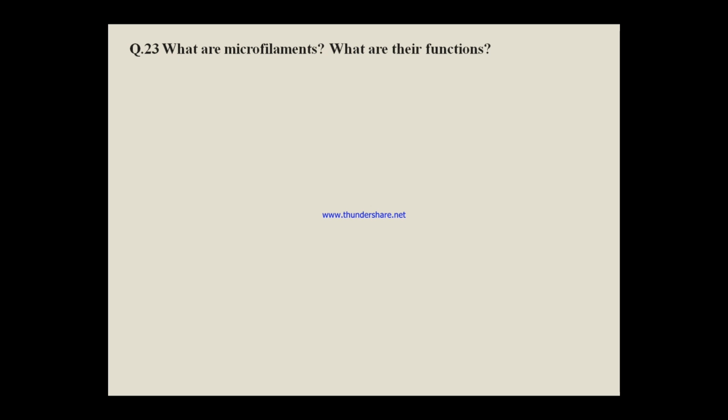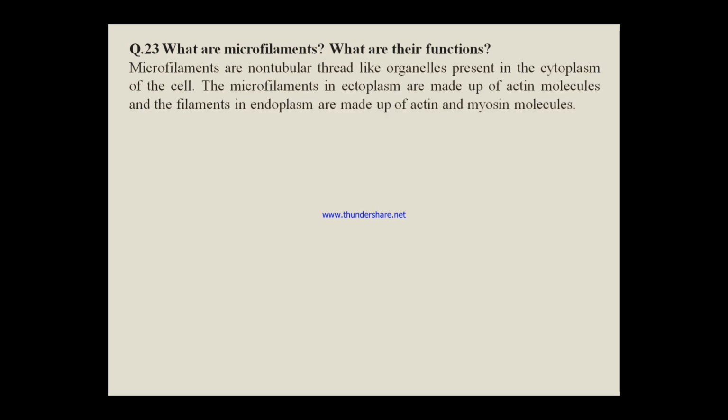What are microfilaments and what are their functions? Microfilaments are non-tubular thread-like organelles present in the cytoplasm of the cell. The microfilaments in the cytoplasm are made up of actin molecules, and the filaments in the endoplasm are made up of actin and myosin molecules.